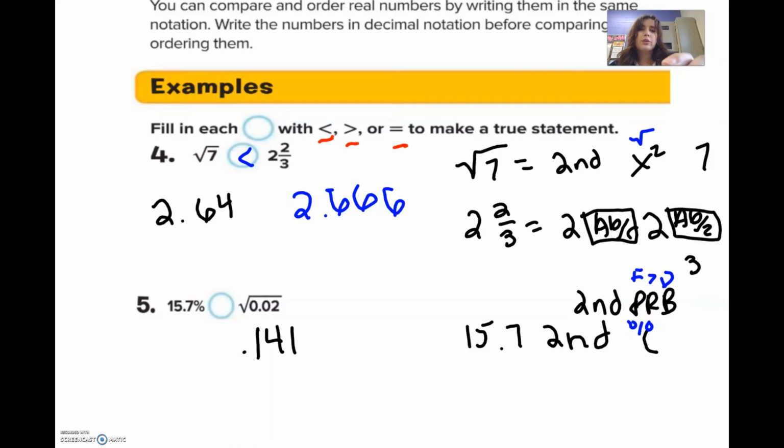And then you're just going to press enter. And after you press enter, you get 0.157. Okay, so looking at these two numbers, which one is greater? Well, they both have 1 in the tens place, but in the hundreds place, our 15.7% has a 5. So 15.7% is greater.